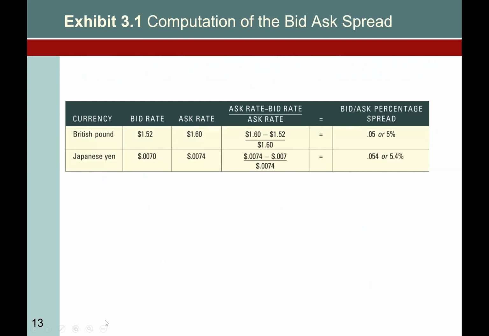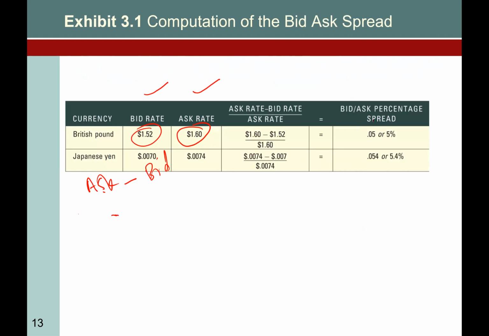So here, British pound is available with this rate. Bid is 1.52, ask is 1.6. So what is the spread? Ask minus bid, which is 1.6 minus 1.52.